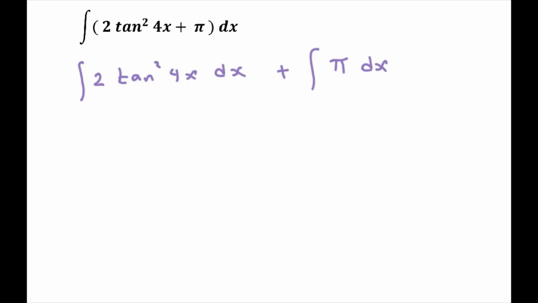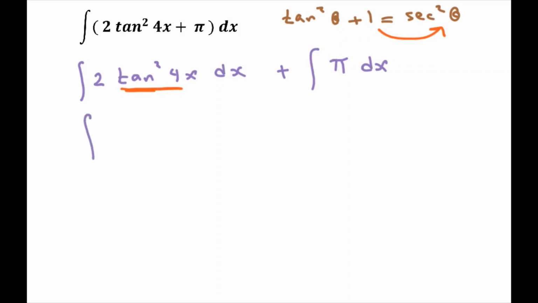So what we're going to do, we will use one of the Pythagorean identities, tangent squared theta plus 1 equals secant squared theta. If I move the 1 to this side, it will be secant squared minus 1.